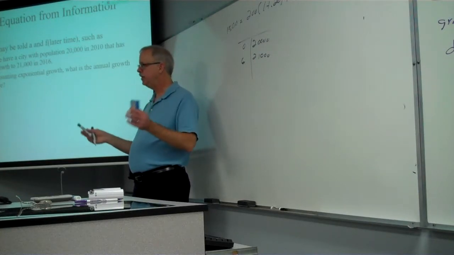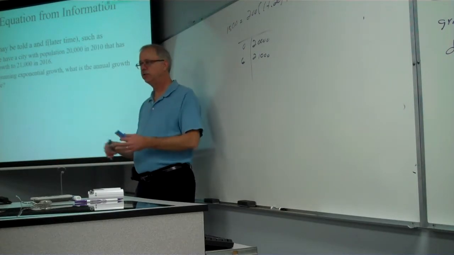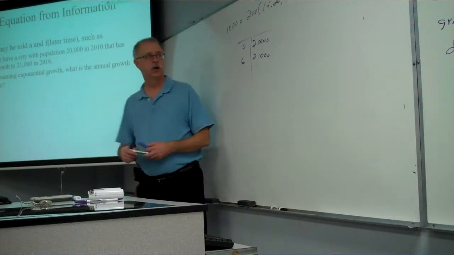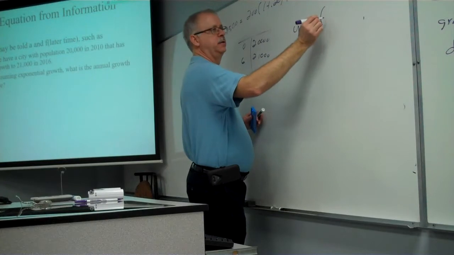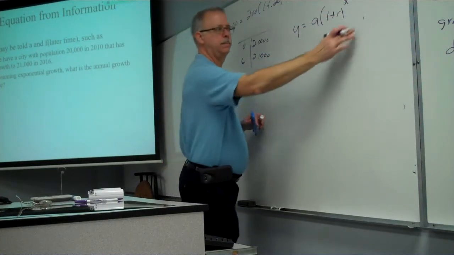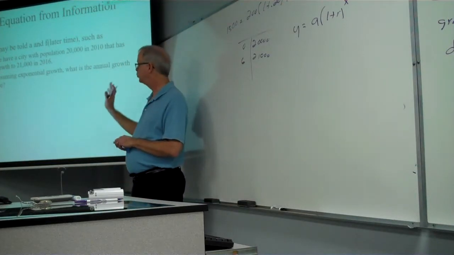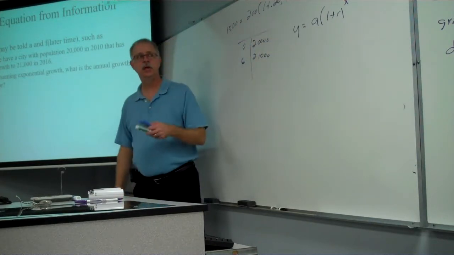Pretty much when you're talking cities, bacteria, investments, there's an assumption that it's growing exponentially. And so we assume our model is y equals a times 1 plus r to the x power. If we see that phrase, assume exponential growth, this model, or if you prefer, the model with the b in there.